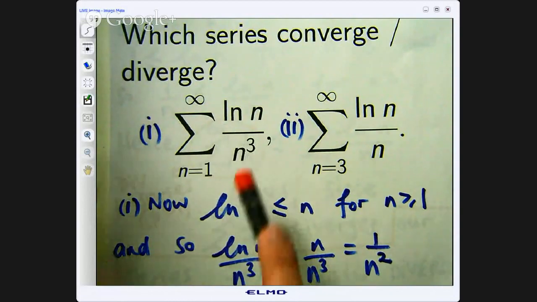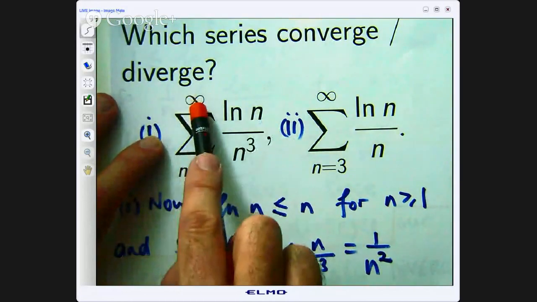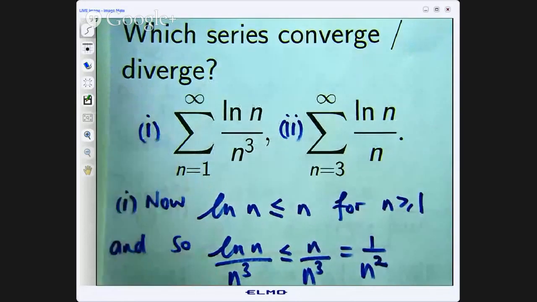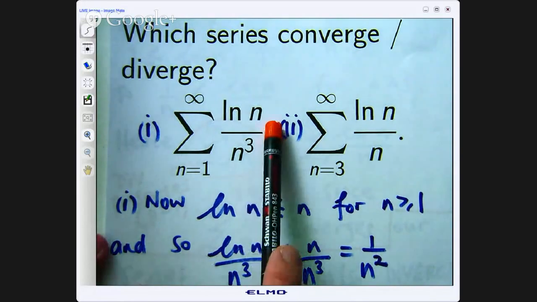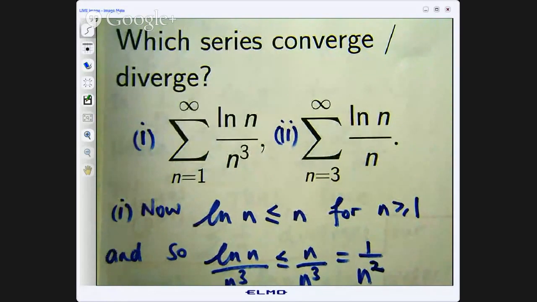Now if you consider the sequence of partial sums, so instead of adding off to infinity, you put, say, capital N here, and you form a new sequence of partial sums, S sub big N. Now, S sub big N is an increasing sequence, because you're adding positive terms, right? So we know that an increasing sequence will converge if the sequence is bounded. You know, there's some sort of ceiling on it.